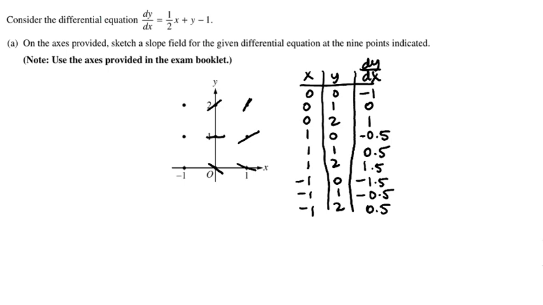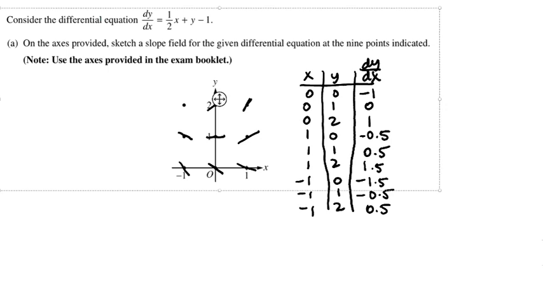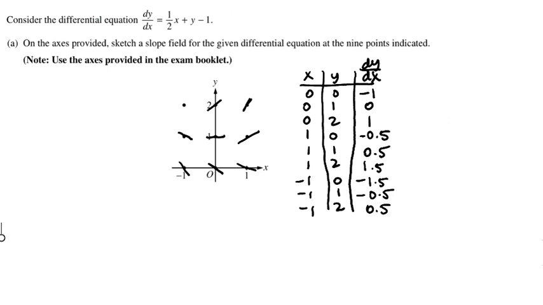That might be a little steep, but I'll tell you what the readers are looking for in a second. At -1, 0, it's -1.5. Okay, that looks pretty good. At -1, 1, it's -0.5. And at -1, 2, it's +0.5.